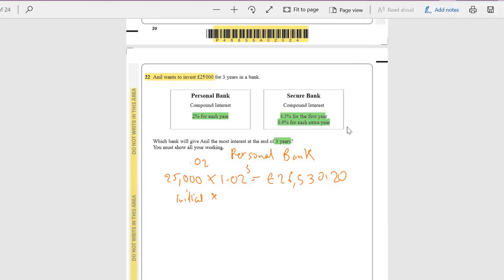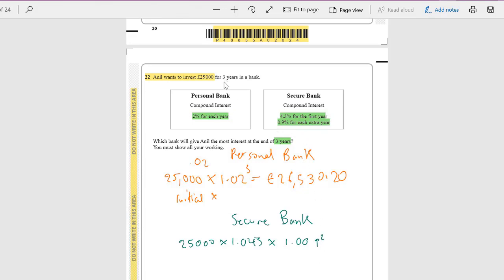We'll use a different color for secure bank. So the same logic. So 25,000 times by, first you can do 1.043, because remember here is 4.3% for the first year. Then you're going to multiply by 1.009, which is 0.9%, to the power of 2 for each extra year.